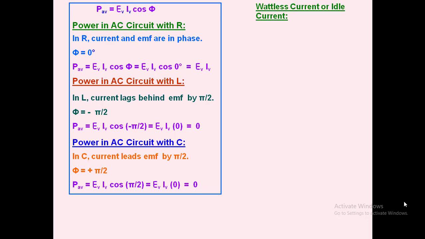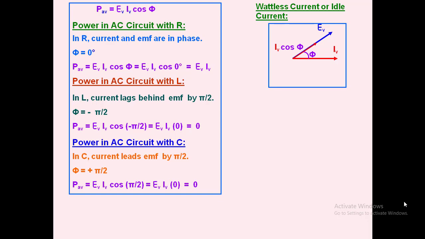Wattless current or ideal current. So that is the resultant voltage or EMF, that is the current, and this is the phase difference between resultant EMF and current, that is I_v cos phi. That means if you take the projection of current along E_v, that is I_v cos phi, and the perpendicular component is I_v sin phi. That means you are going to resolve the I_v into two components, one along E_v, another one perpendicular to E_v.